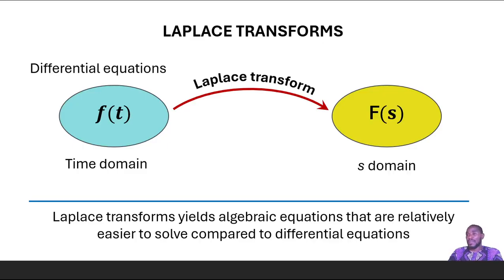So what the Laplace transform does is take your equation in the time domain and transform it. It will teleport it from that domain to another domain where you can handle it better. It's just like in mechanical fabrication. When you want to mold something made of metal, in the solid state you cannot easily force it to take certain shapes and forms.